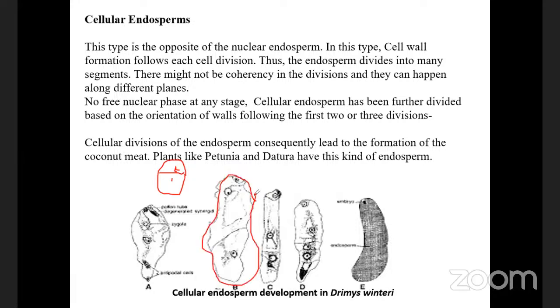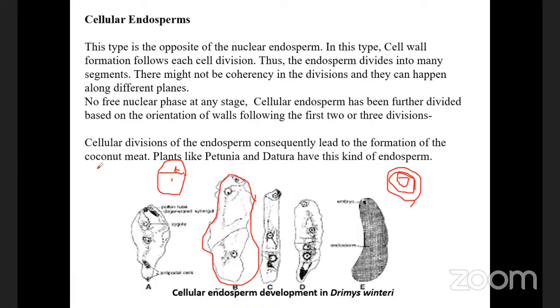No free-nuclear stages at any stage. Even after that, whatever the cellular endosperm, it also divides further and forms two, three layers of the endosperm.